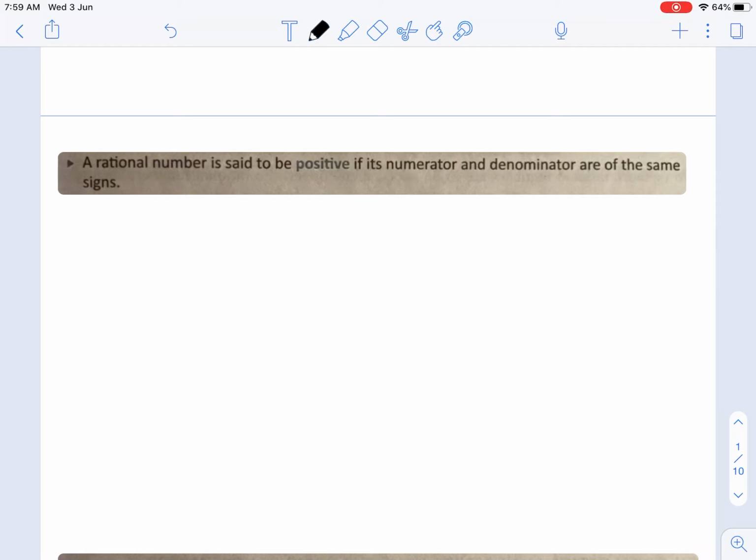For example, 2 upon 3. Here the sign of numerator is plus, denominator is plus, so we can say that they both have the same sign. So when numerator and denominator have the same sign, they are positive rational numbers.